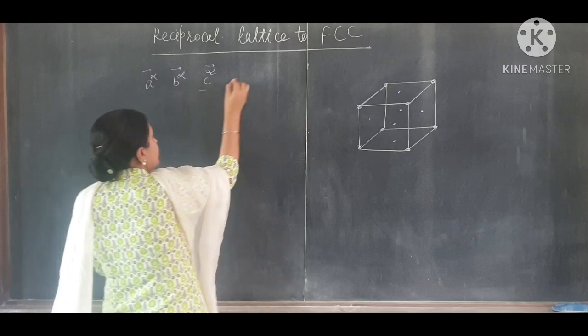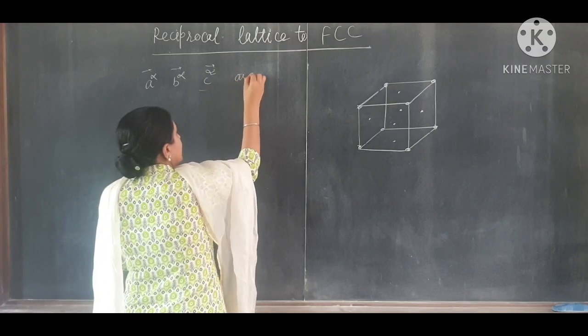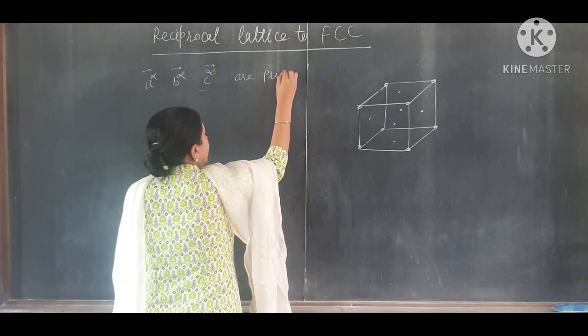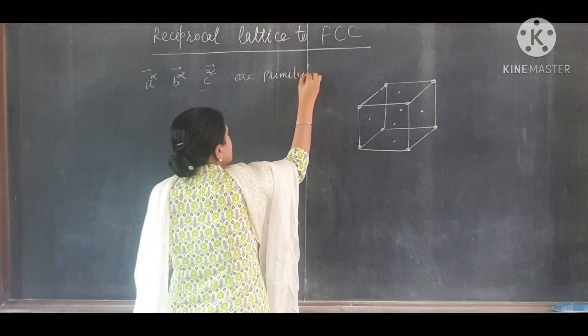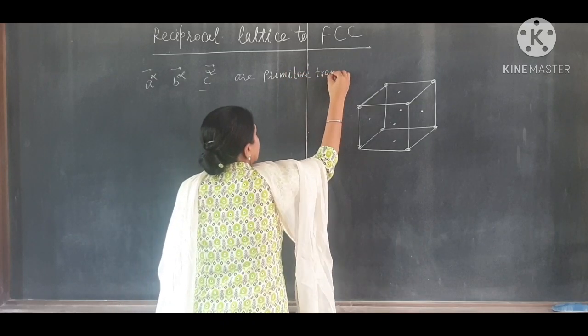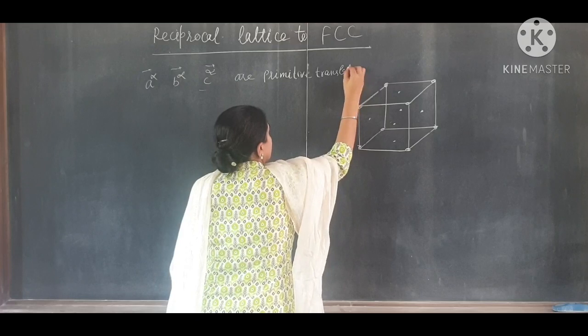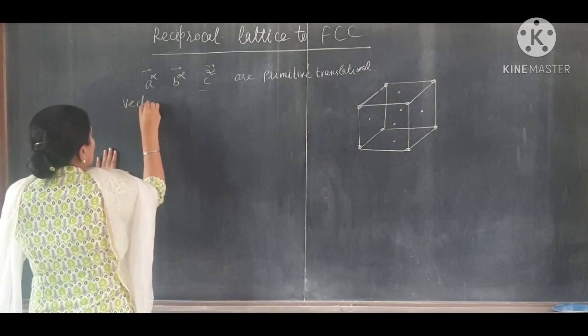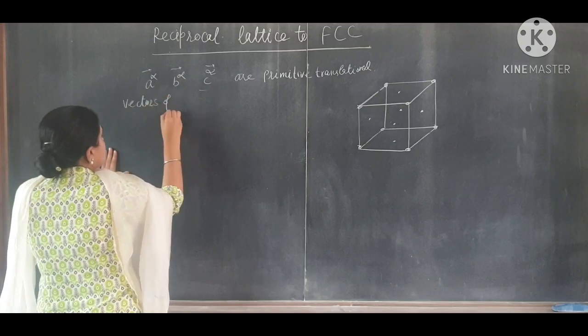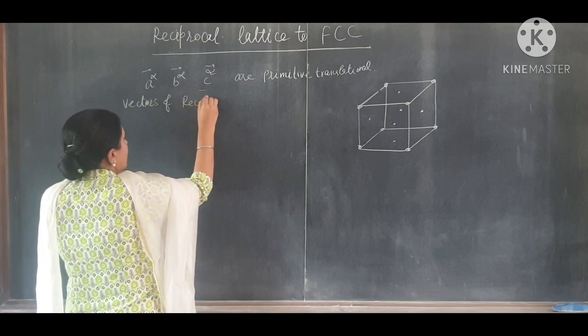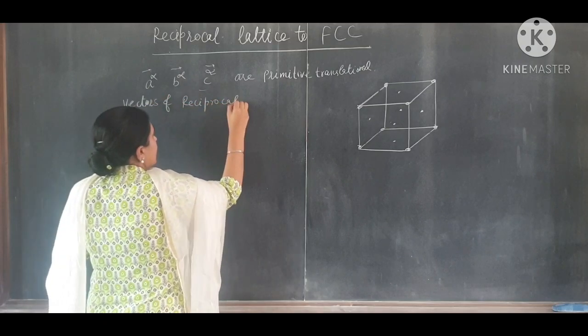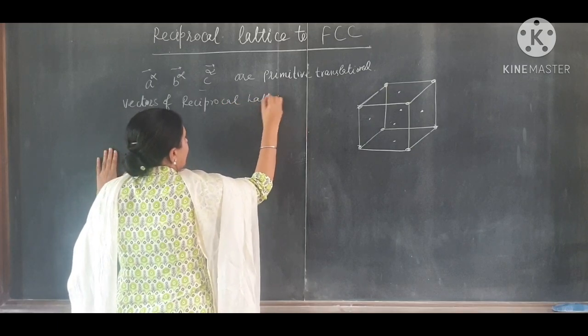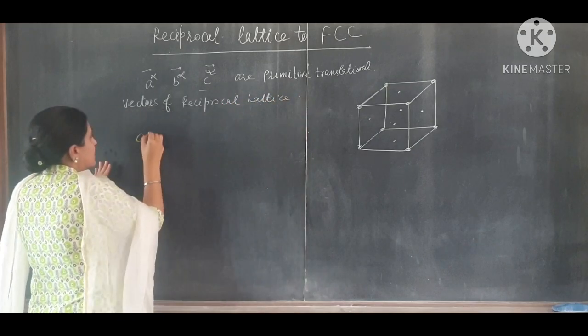These are the primitive translational vectors of reciprocal lattice. Clear?